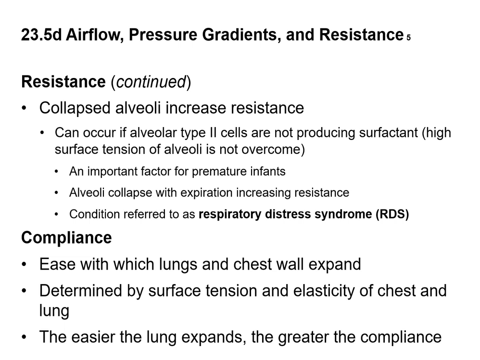And so if this happens in infants, and this can happen especially in premature infants, right? So infants who are born prematurely, their lungs are not yet developed, and they don't have the mature type 2 alveolar cells, those pneumocytes, that are producing the surfactant, and so they can end up with something called infant respiratory distress syndrome, right, or IRDS.